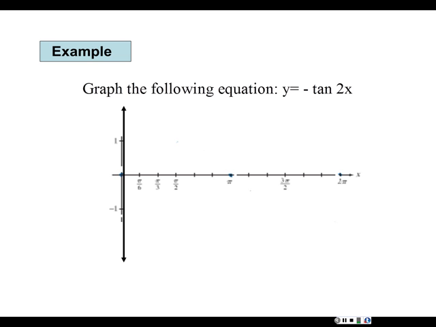Now remember, the reflection is not done yet. This is what we have without the reflection. Because of the negative sign, everything will be reflected. So for the reflection, what happens? After you do the reflection, you probably will have something similar to this.